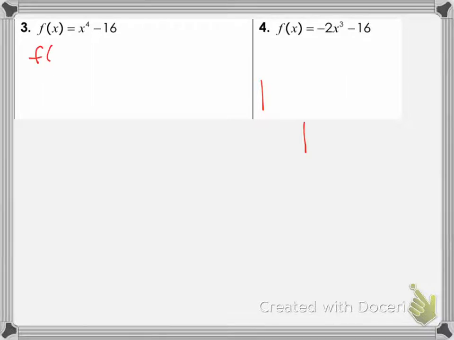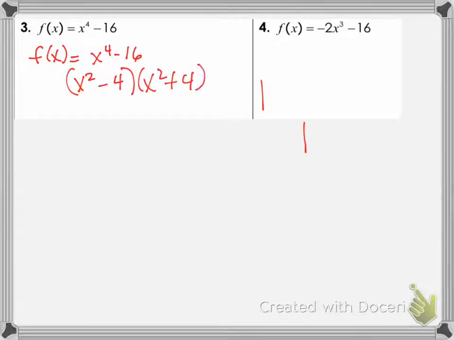Okay, f of x is equal to x to the 4th minus 16. This is the same thing as x squared minus 4 times x squared plus 4, right? Isn't that the difference of squares, only a higher degree? FOIL that back if you need to.